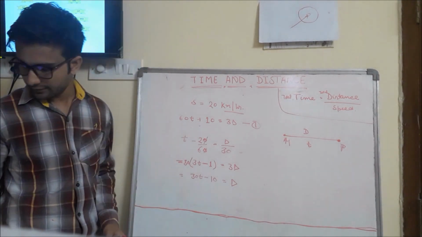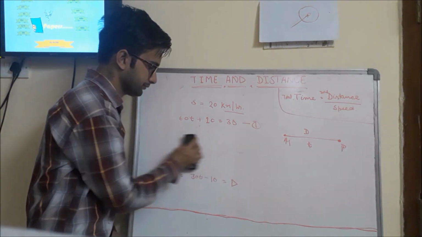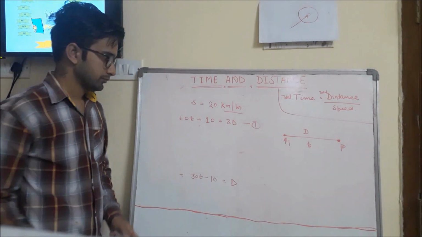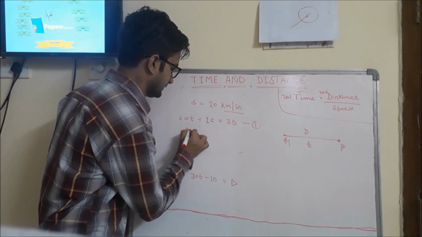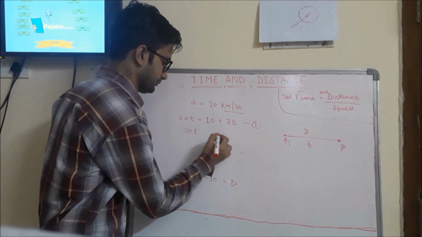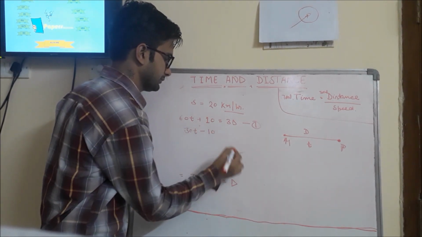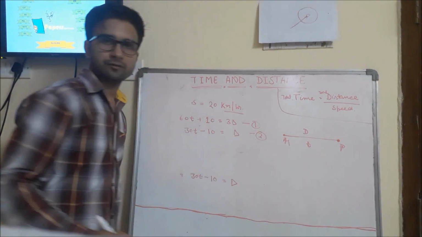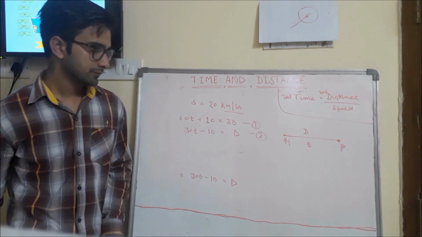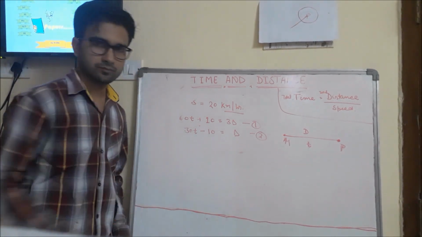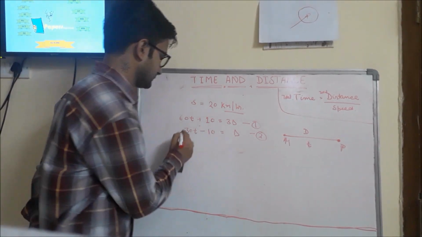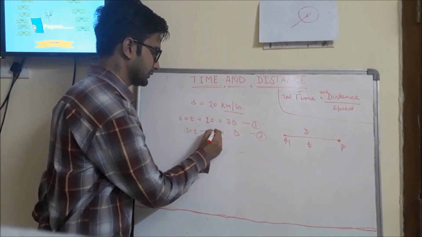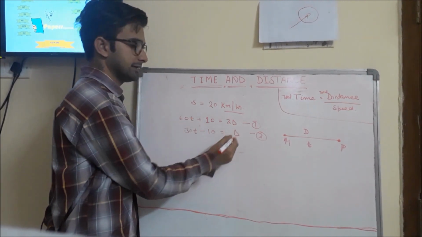our final equation, equation number 2: 30t minus 10 is equal to d. We have two equations now. Just solve them, because there are two unknowns, t and d.